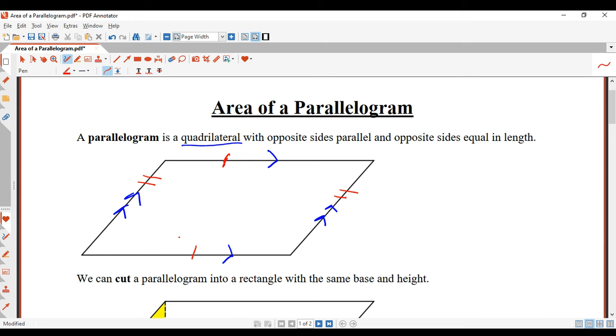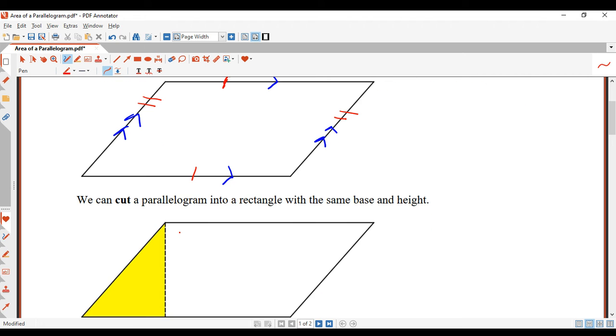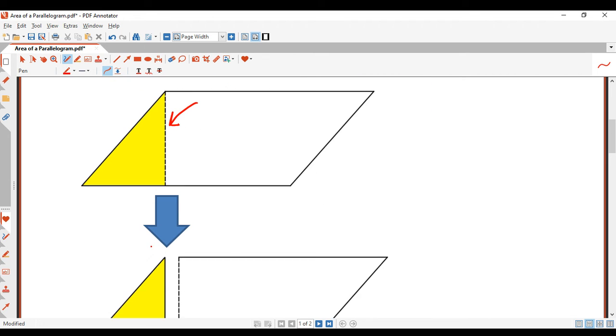Now we want to find the area of a parallelogram. What we're going to do is cut a corner off the parallelogram. We're going to get our scissors and cut along that dotted line there and cut that corner off. Let's have a look what that looks like.